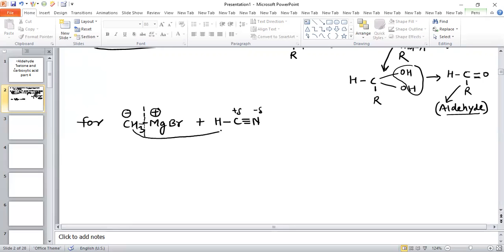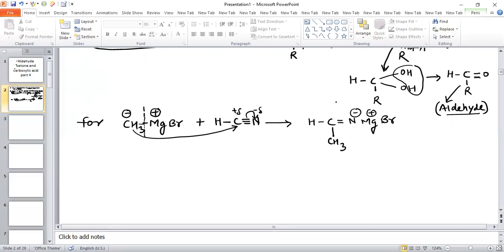When this CH3 attacks this carbon, it will be like this: HC, and on this carbon a CH3 group will be attached. At the same time, this bond will break on nitrogen. So it will be HC(CH3) double bond N with a negative charge. So this magnesium will attach, Mg plus and Br.